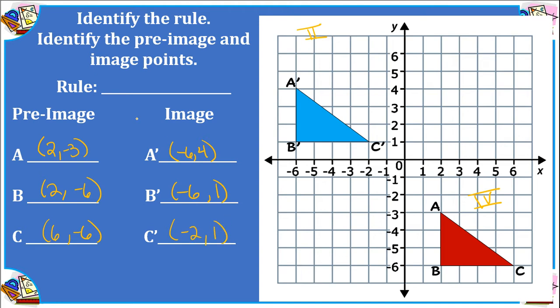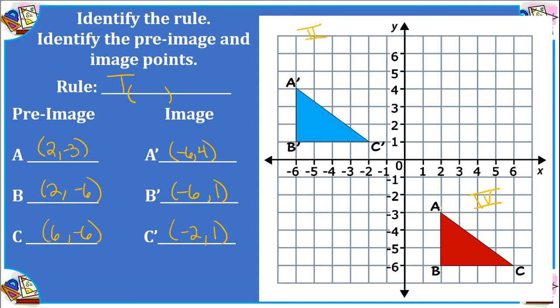So the question is, what was the rule? How was this translated? How was it slid? And again, we're always going to do the horizontal, which affects our X coordinates, first. The way you write the rule, the notation, we're going to do a big T for translation, and then a superscript. It's going to look like an ordered pair, but it's not. It's just the direction. So the first value is your horizontal shift.